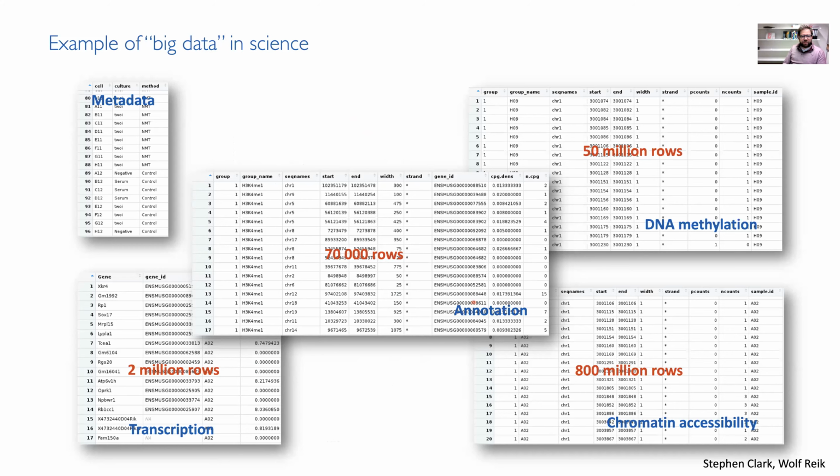So here you see tables that contain different bits of information. For example, on the top right here, you have a table that tells us where on the DNA we have chemical modifications. That has, in this case, 50 million rows.